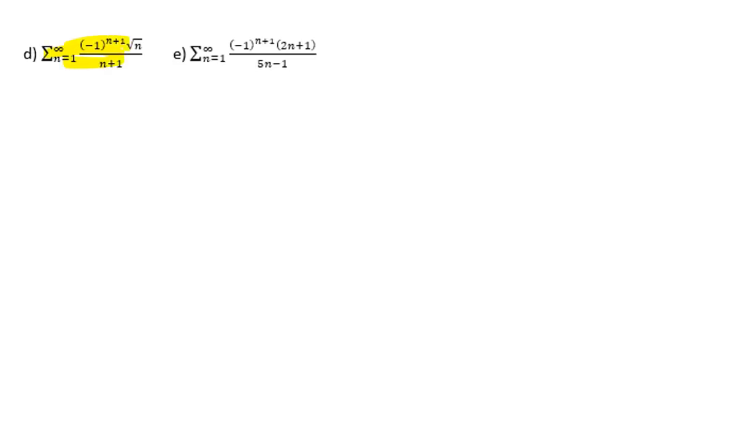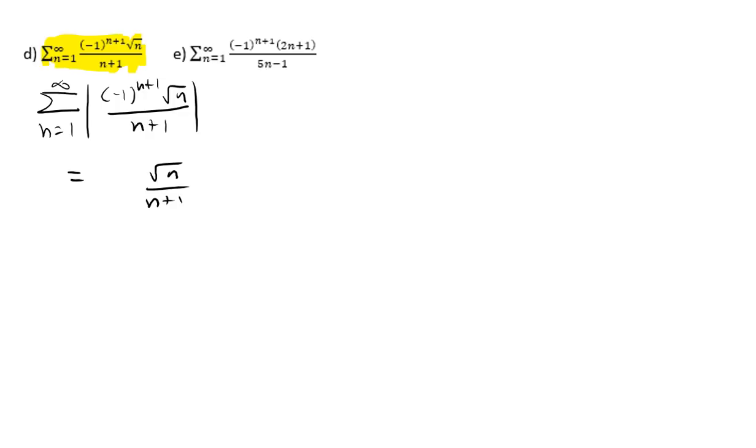All right. Here, this is another series which does not converge absolutely, because if you take the absolute value, this is square root of n over n plus 1.